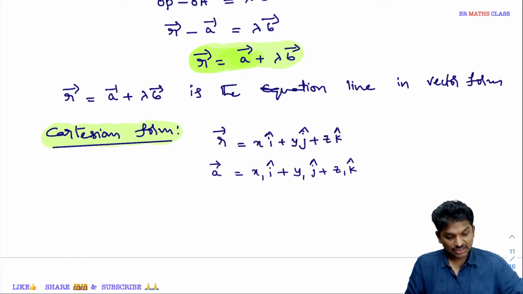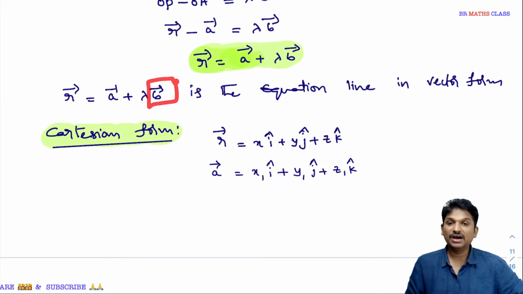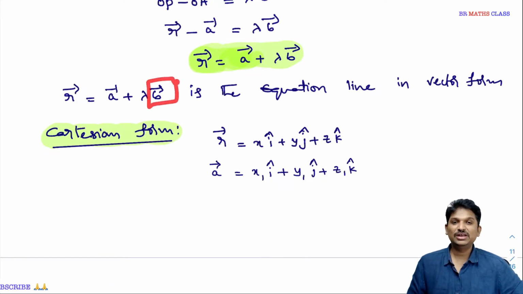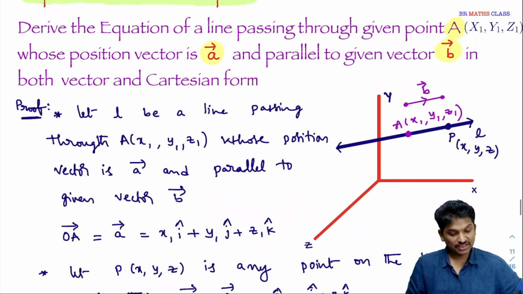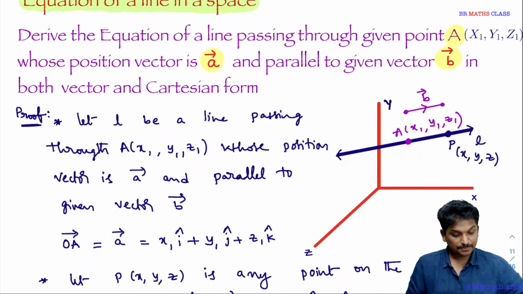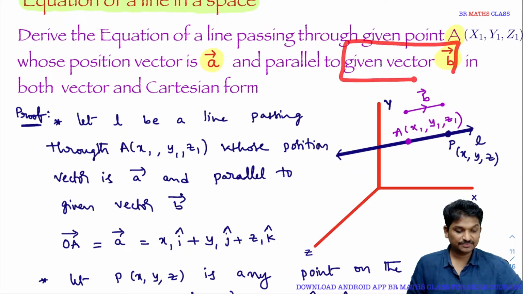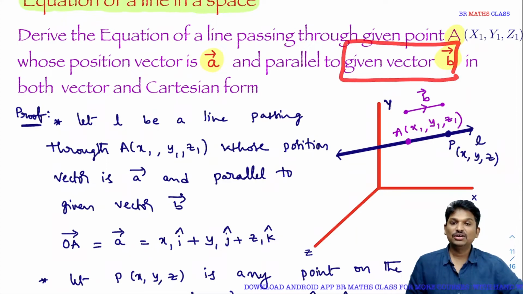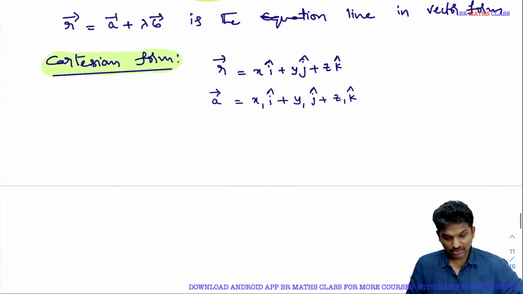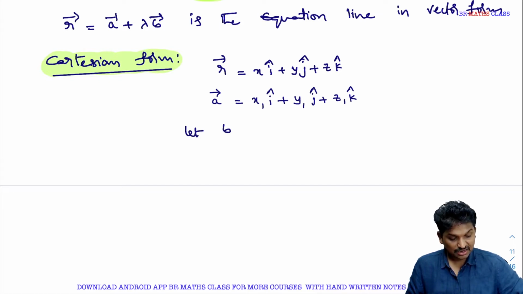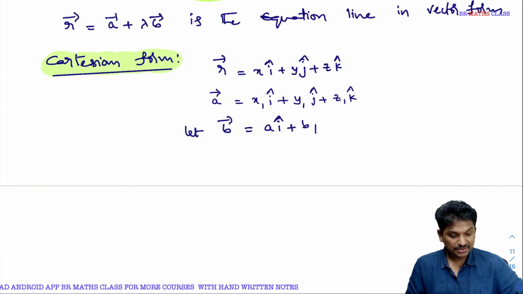Now I need one more thing: B bar. What is B bar? Actually, in the question only they'll give. Look here, equation of a line parallel to the given vector B bar. They'll give it in the question. So I'll take B bar equal to a i cap plus b j cap plus c k cap.